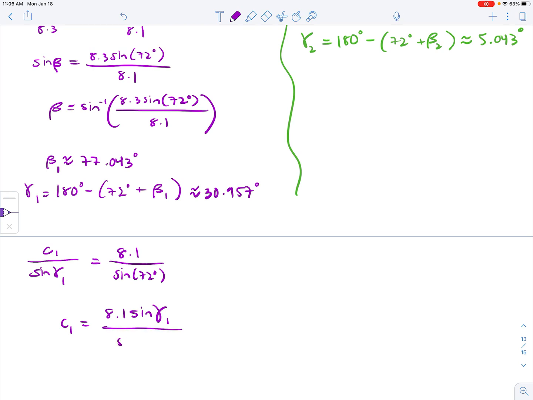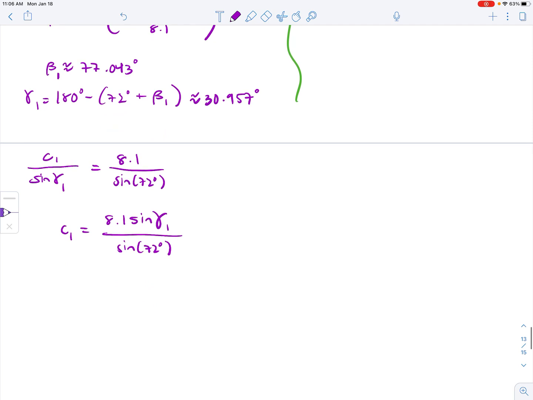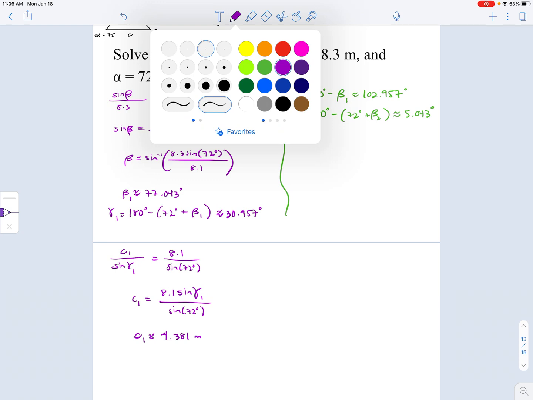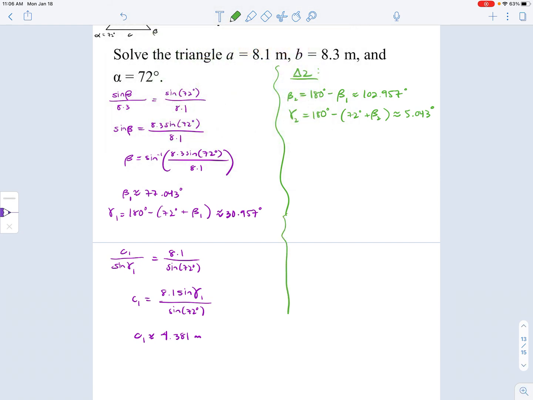So C sub 1 equals 8.1 times sine of gamma sub 1 over sine of 72 degrees. So that's the exact value. Type that into your calculator, and it's approximately 4.381 meters.